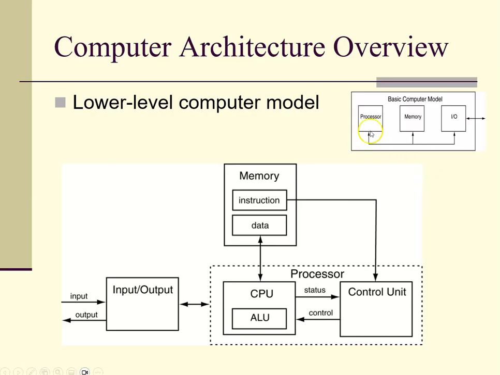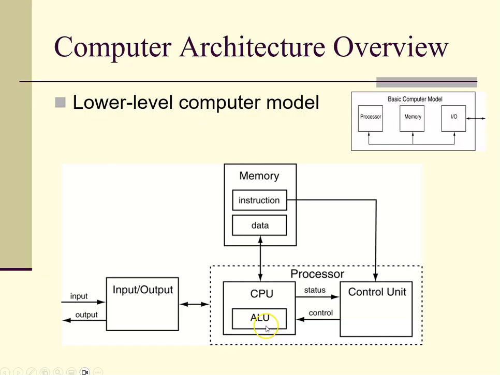So here's our basic model again, but I'm going to expand it a little bit. I made the input-output module a module of its own, and I broke the arrows up for input going in and output going out. This is the brains here. It's a bunch of circuitry that is controlled by another circuit, which we refer to as a control unit. Essentially, you can see the control signals are controlling the other part of the circuit.